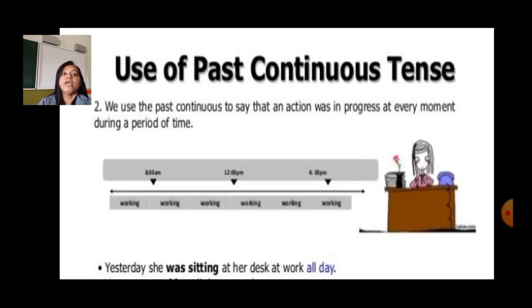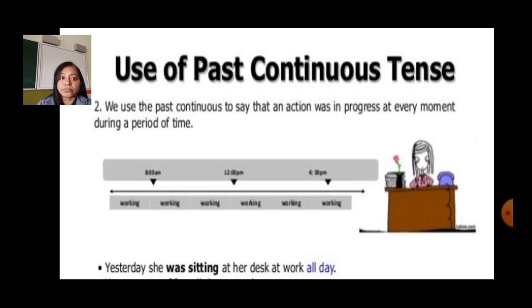We use the past continuous tense to say that an action was in progress at every moment during a period of time. For example, yesterday she was sitting at her desk at work all day.